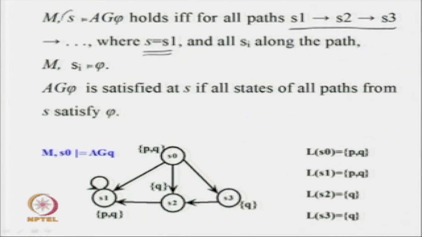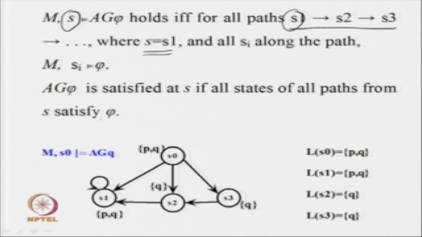That means we are concerned about this particular state S, and we say that in all paths, the starting state S0 is equal to S, and for all Si along the path, M, Si models phi, that means phi holds in this state Si. What is this Si? Si is all the states along the path. That means AG phi will be true in a state provided that in all states along all the paths phi holds. So, AG phi is satisfied at S if all states of all paths from S satisfy phi.